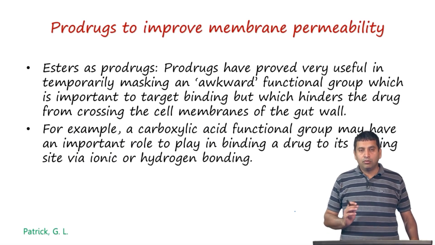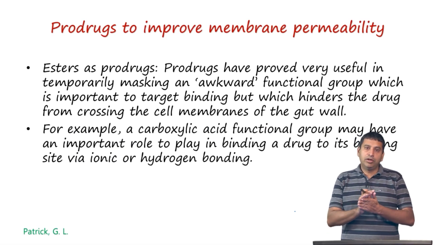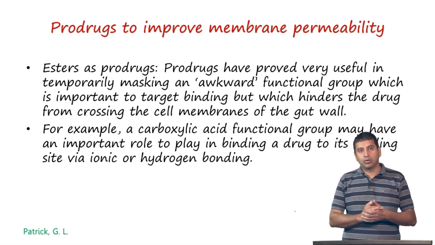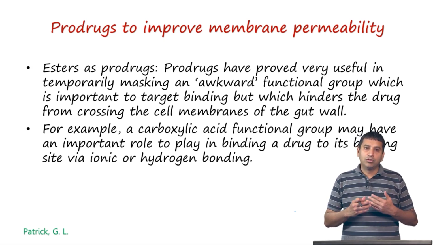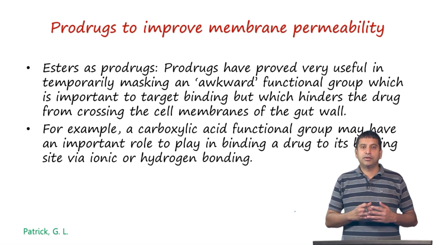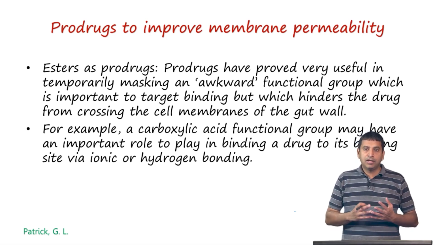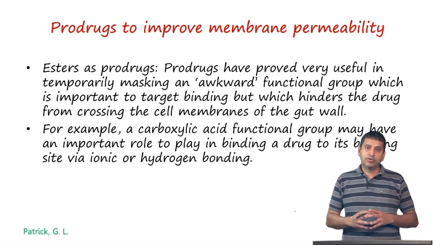Okay. So, now we will look in detail at some of the various approaches to making prodrugs. So, the first approach is to work on improving membrane permeability. Okay. So, we have already looked at many examples of how the various functional groups in a molecule help with membrane permeability, but there are certainly functional groups which do not help with this.